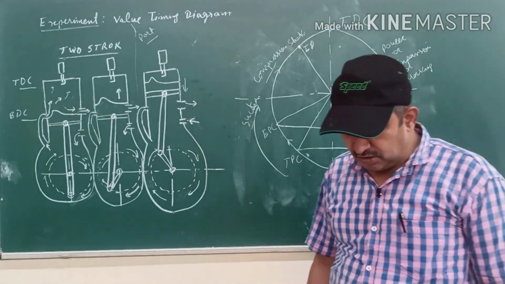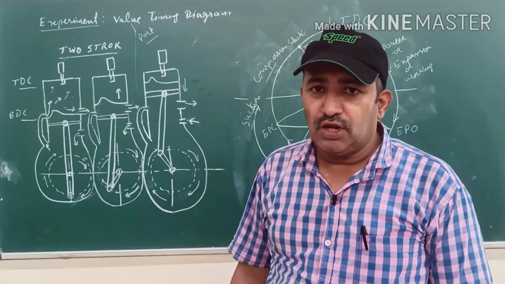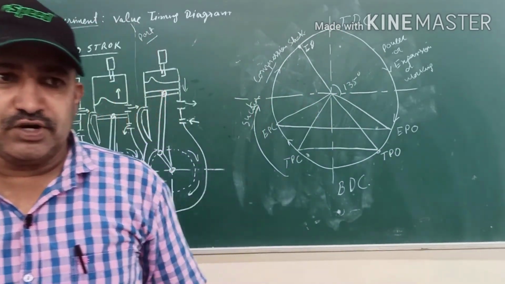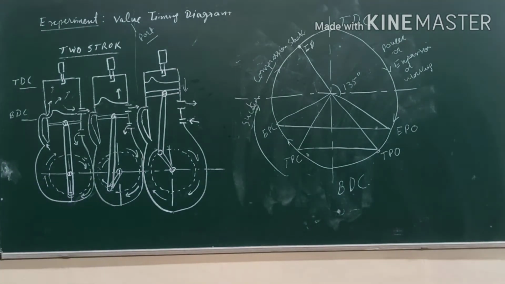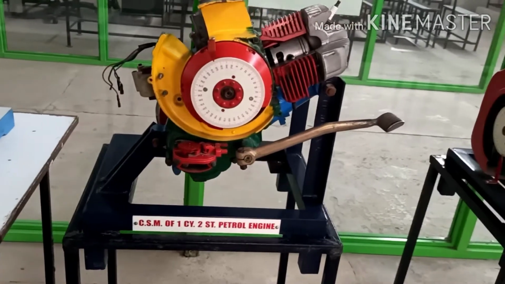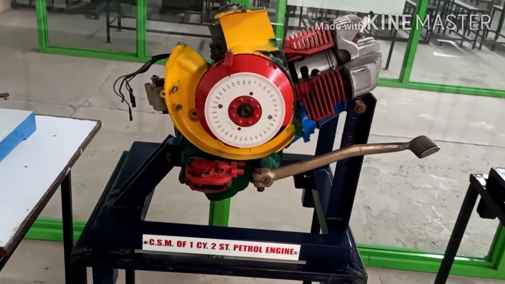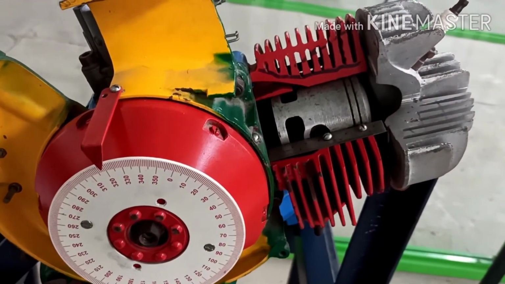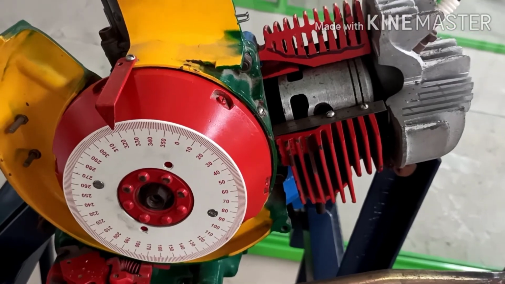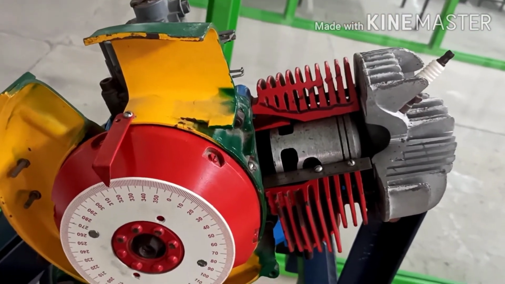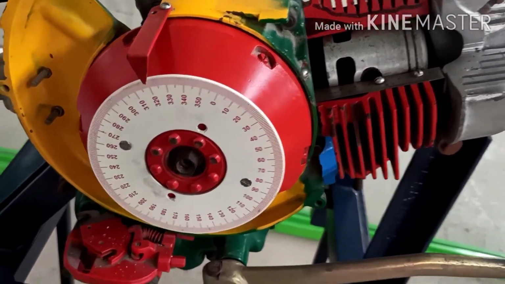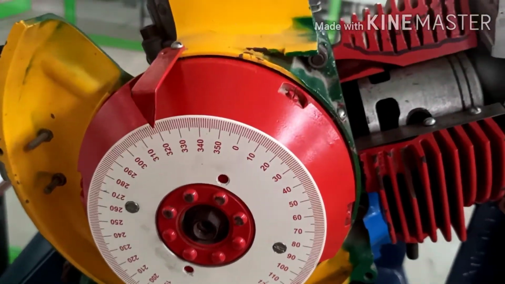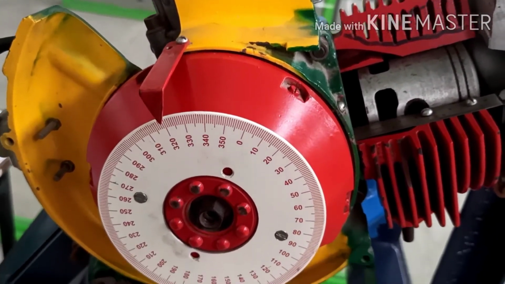Let's see in our cut section model how two-stroke engine works. This is cut section model of two-stroke petrol engine. With the help of this cut section model, we can better understand the port timing diagram of two-stroke petrol engine. You can see this disc provided at the outside of the crankshaft.